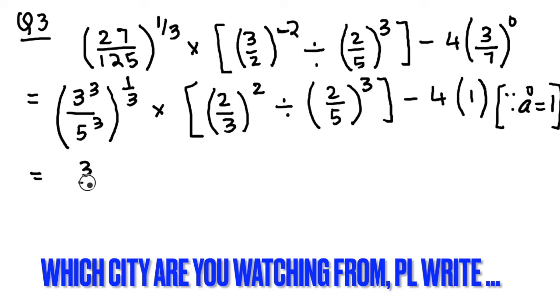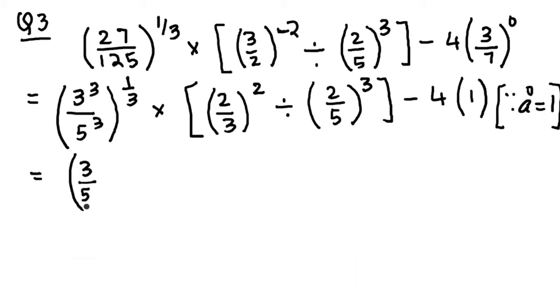Now this becomes 3/5 bracket to the power 3 and that to the power 1/3. So these two indices will multiply here. Multiplied by, inside the bracket, now here we can do two ways.